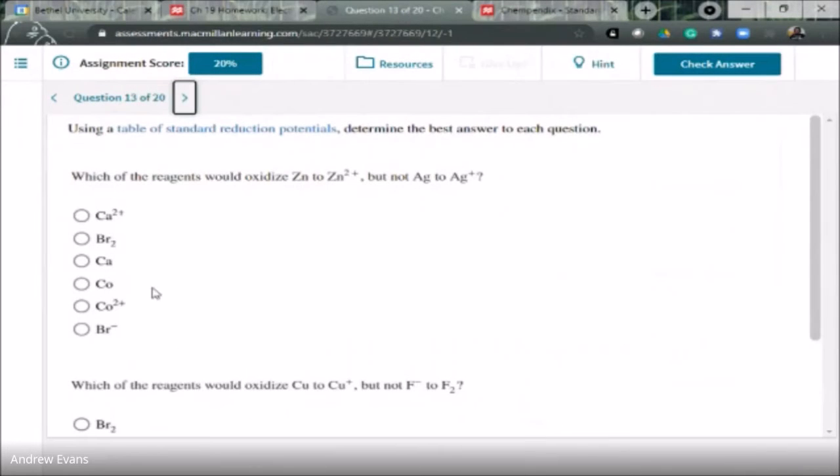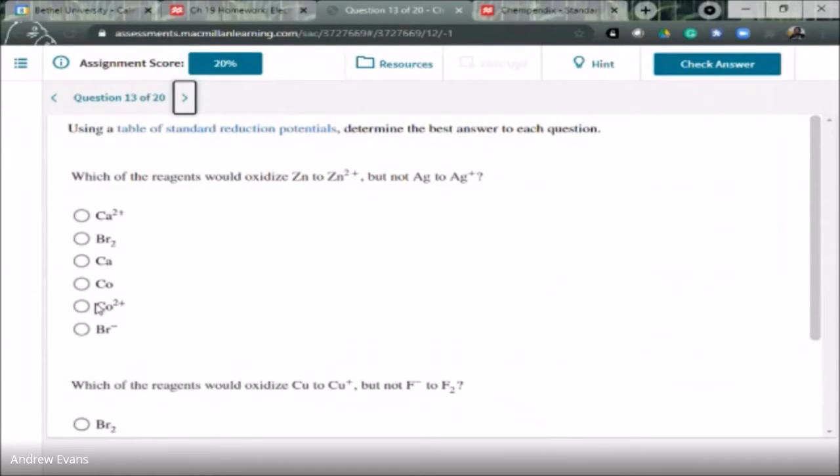there's only one. So cobalt, not cobalt neutral, but cobalt 2 plus, because you want a thing that will be reduced. Cobalt solid is not going to go to cobalt negative. Cobalt 2 plus can be reduced, but cobalt 0 wants to be oxidized.